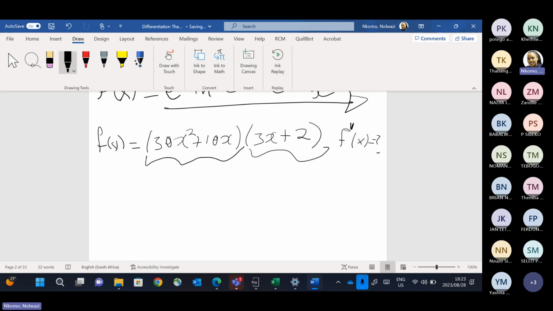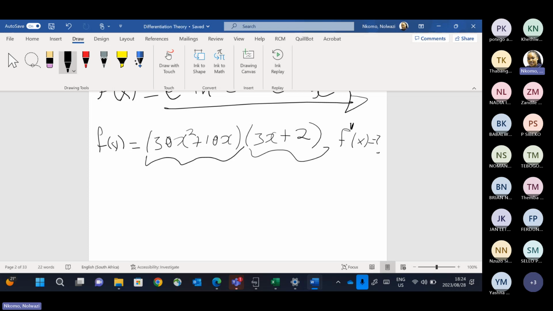Here you see, okay, we can simplify this. You can multiply these two brackets and make it one function, which is a polynomial, and we can use a power rule. But suppose we are told to use a product rule here.